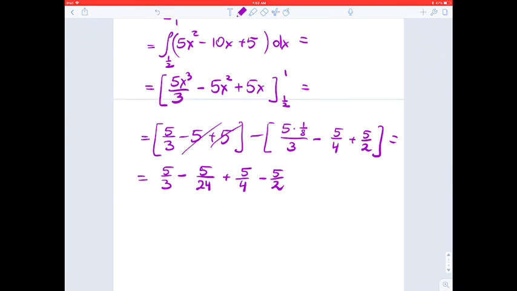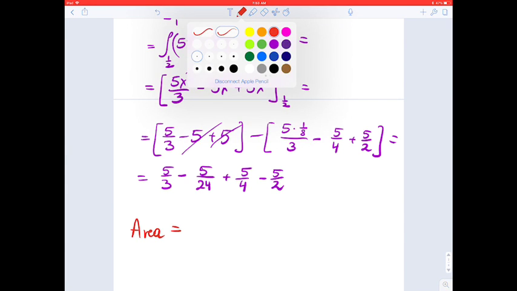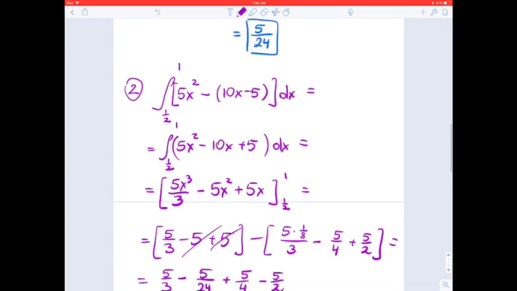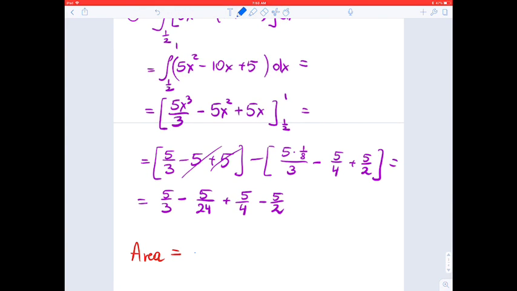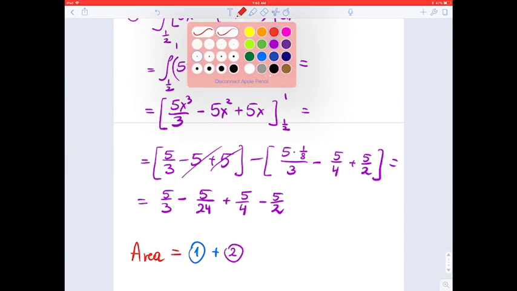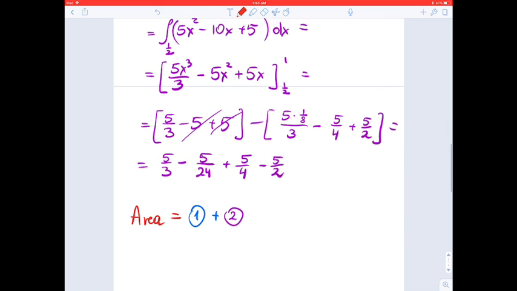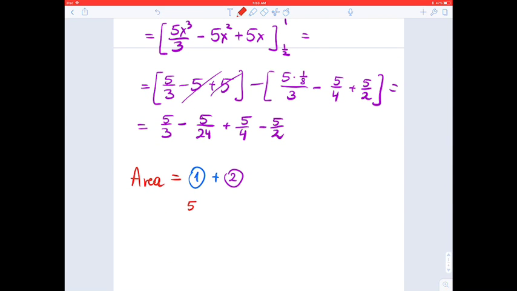Now the total area is simply the first one plus the purple one. I will use the red.